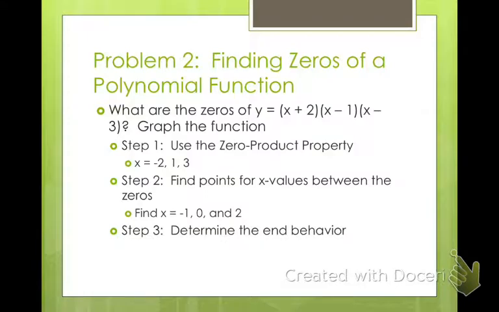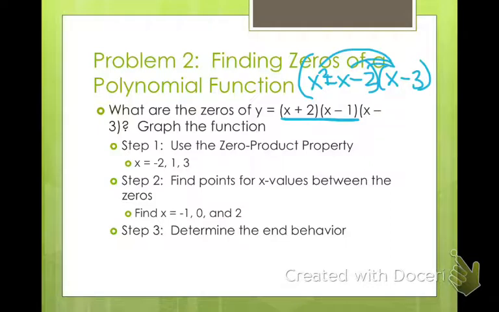So I'm going to multiply this out so that it's easier to do. I'm first going to multiply x plus 2 times x minus 1. So that's x squared minus x plus 2x, that's plus x, minus 2. And then I need to multiply that times x minus 3. If you didn't know how to multiply a binomial and a trinomial, you just multiply each term.